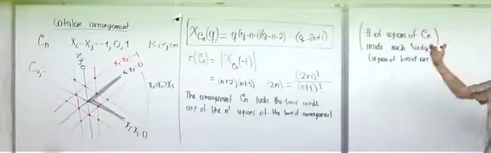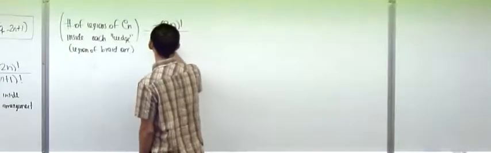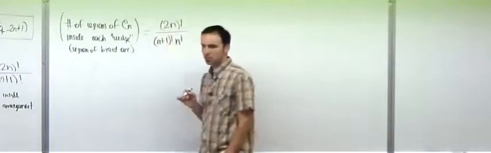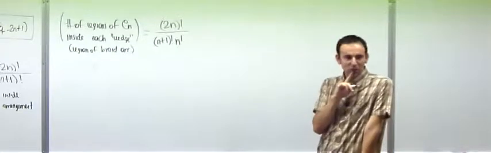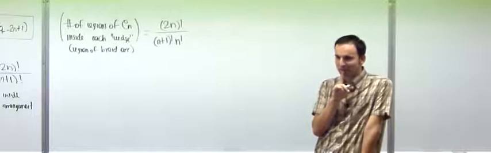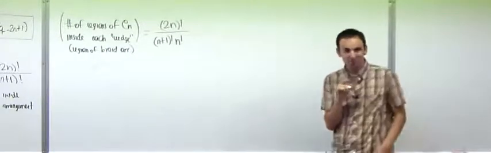Well, it's basically the total number of regions divided by n factorial. So that's 2n factorial divided by n plus 1 factorial times n factorial. Okay. Does that look familiar now? I see a couple of nods. I can write this a little bit differently.